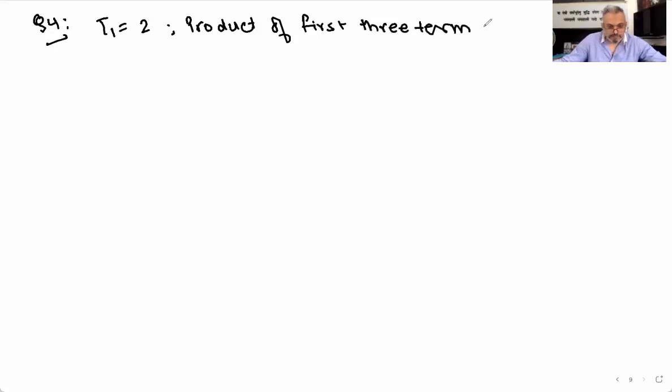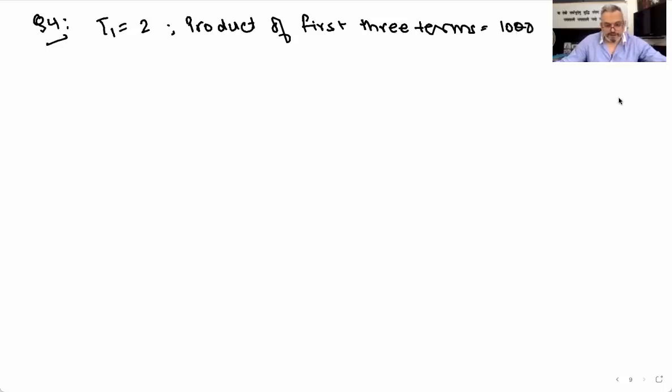Question 4. T1 is equal to 2. Product of first three terms is equal to 1000.